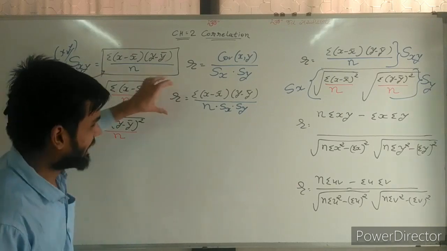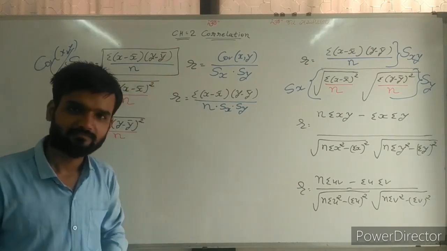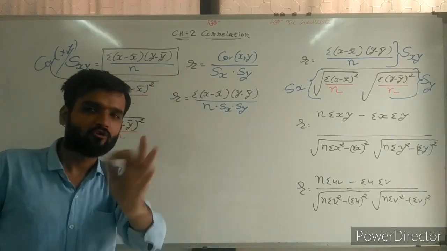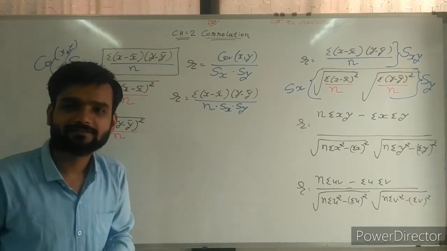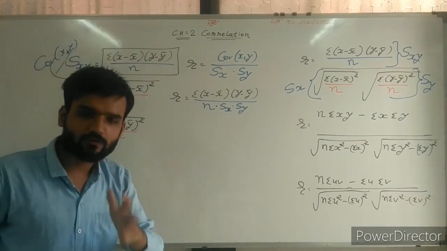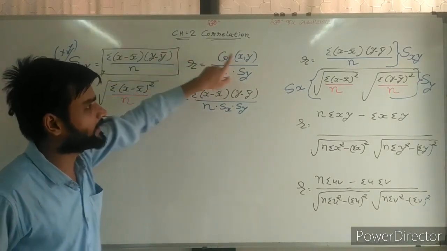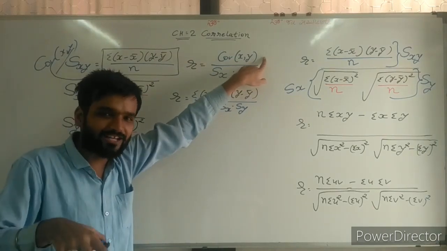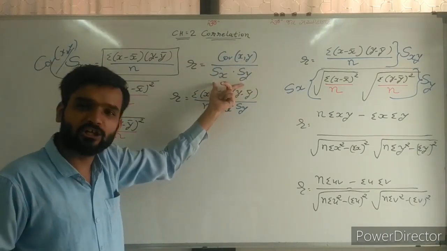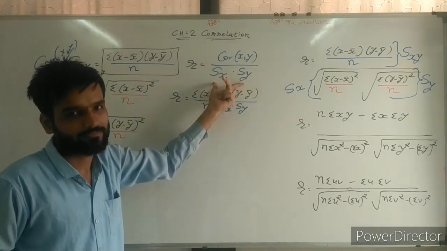Now this is my second formula of correlation coefficient, the simplest one. So the first formula is covariance of xy divided by Sx into Sy.